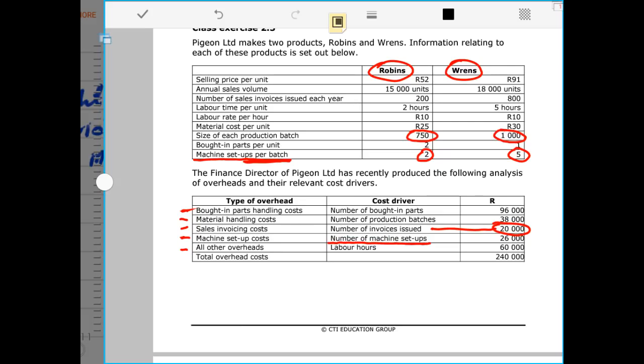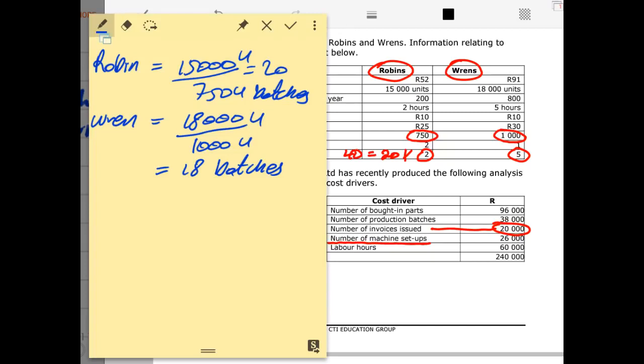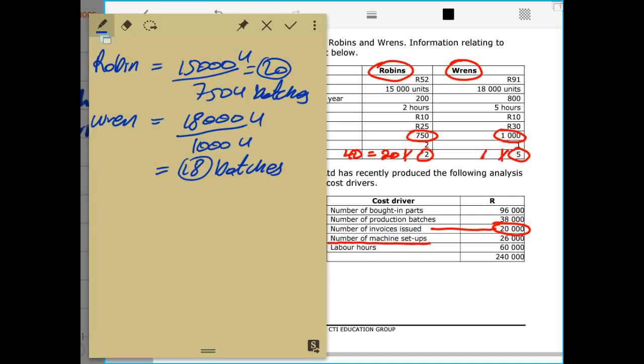So now we say 2 times by 20, that gives us 40. Where is that coming from? It is the 20 and it is the 18. Then here it will be 5 times by 18.